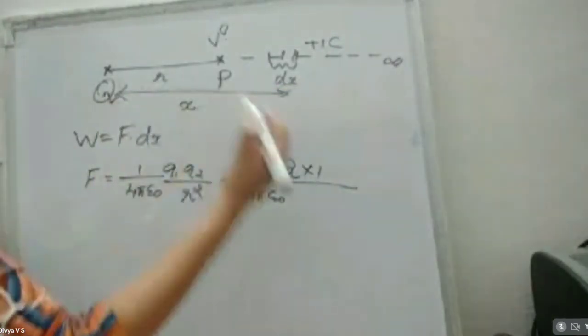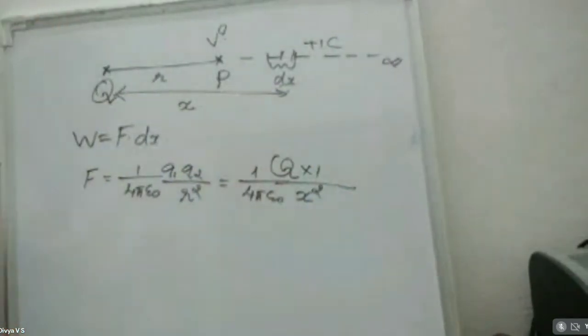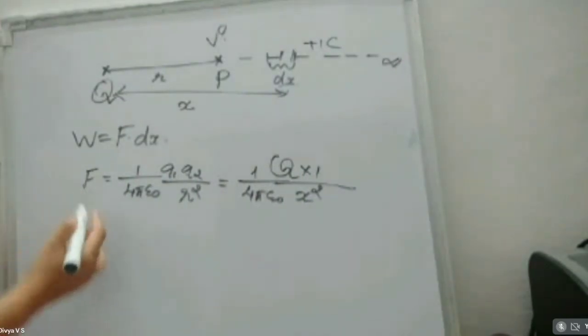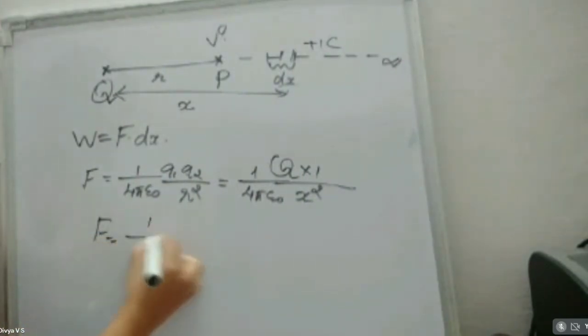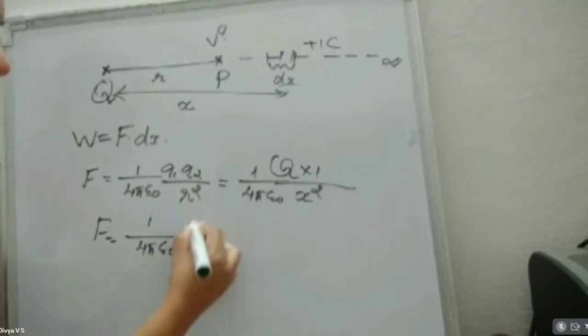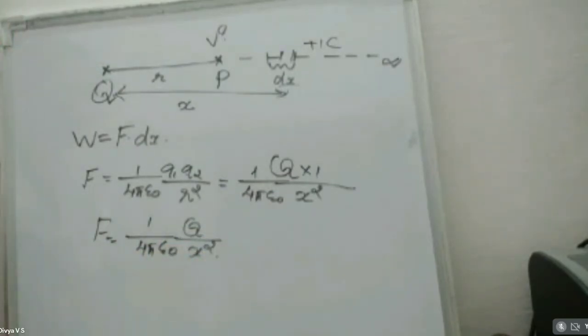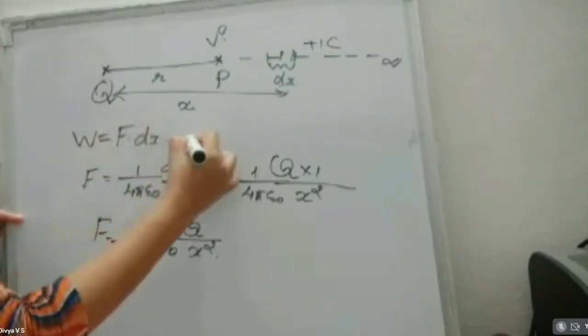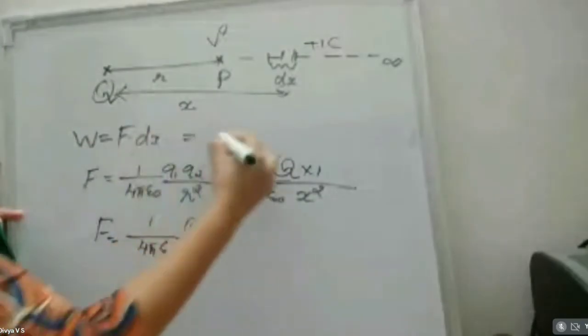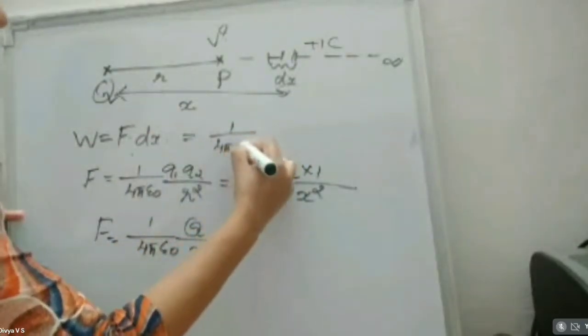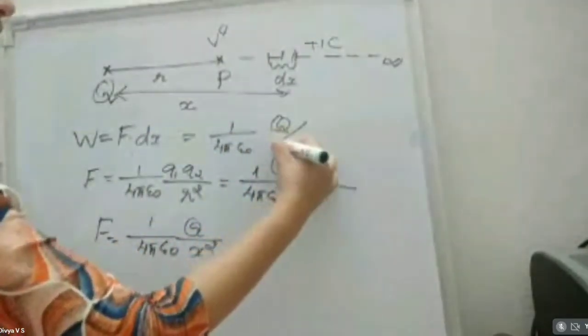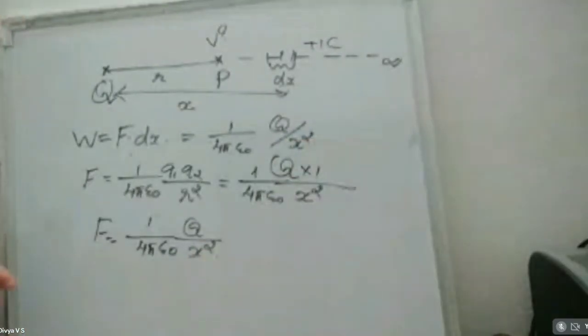Now the distance is x, so it will be x square. So the expression for force is equal to 1 by 4 pi epsilon 0 Q divided by x square, isn't it? So we can substitute force here. So work done is equal to F, that is 1 by 4 pi epsilon 0 Q divided by x square.